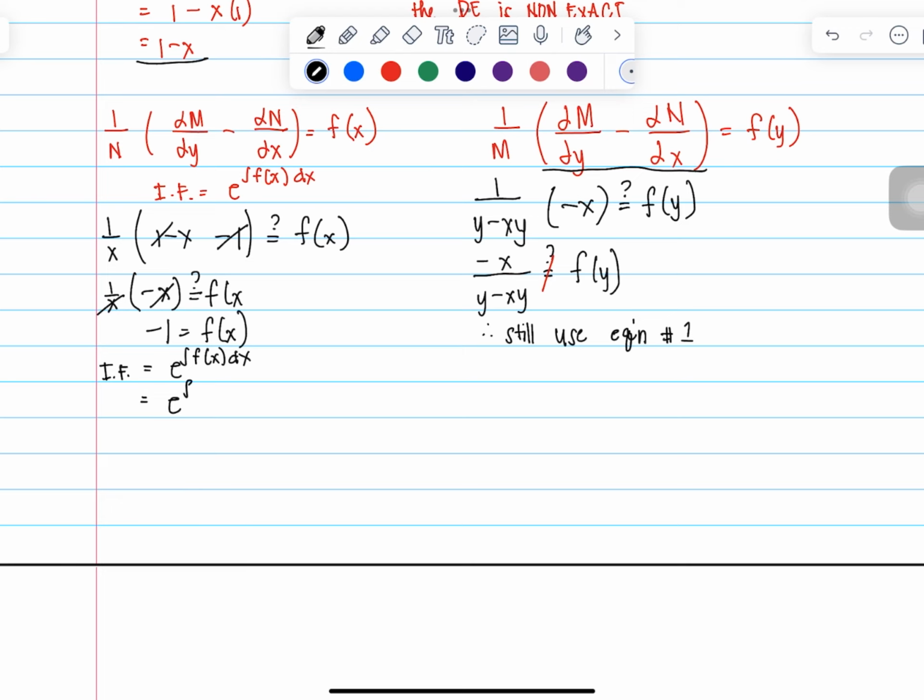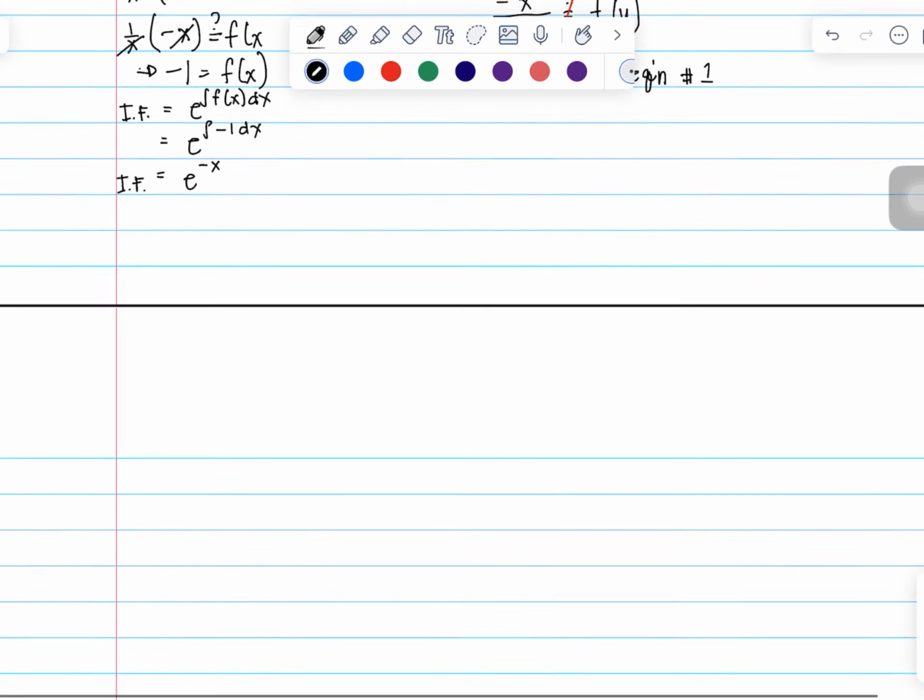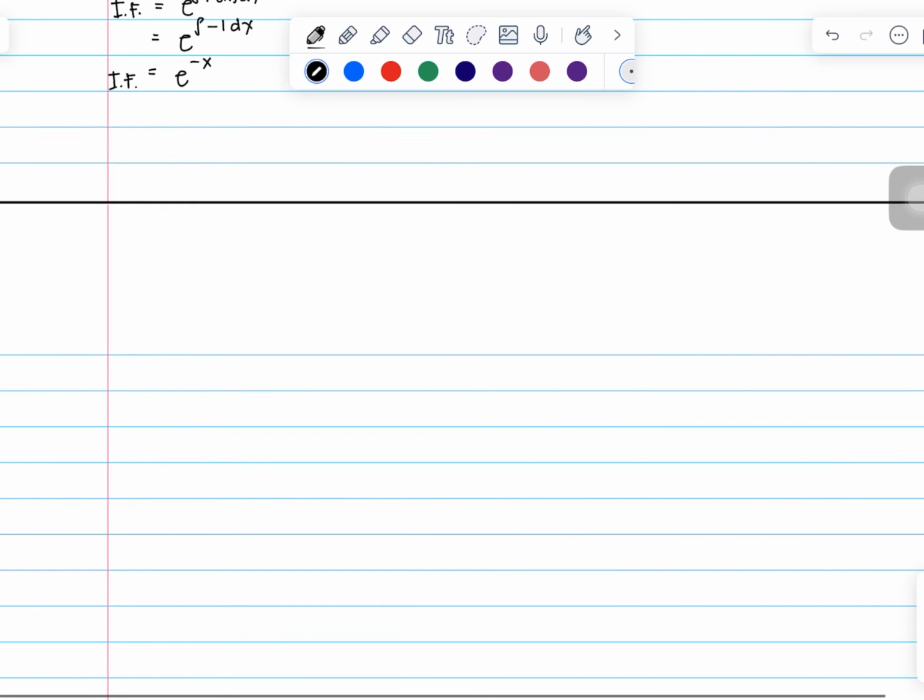We already have that here: negative 1 dx. Therefore, what is the integral of negative 1? That is negative x. So that is your integrating factor. Now what do we do with the integrating factor? We multiply it to the equation.